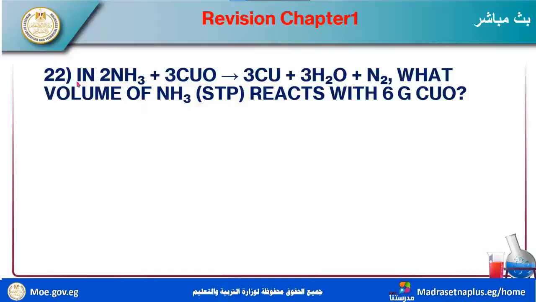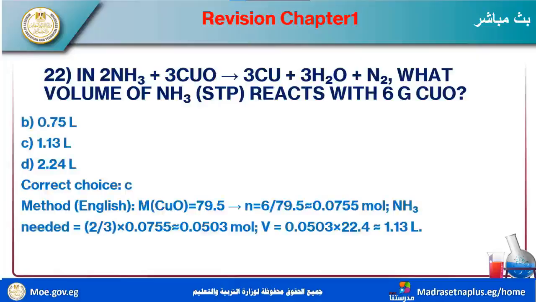Now we want to know 2NH3. 2NH3 needs 3CuO. I have 6 gram. Use grams here, and I need volume at RTP. 2 times 24 needs 3 times, in brackets, 63.5 plus 16.